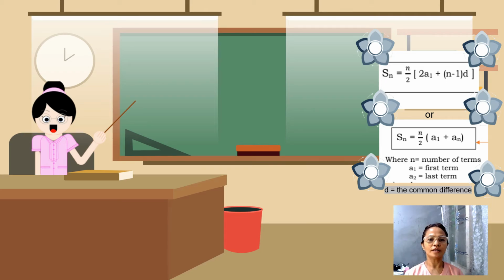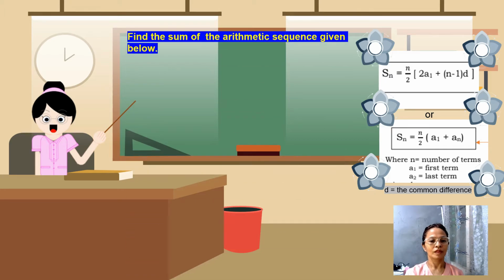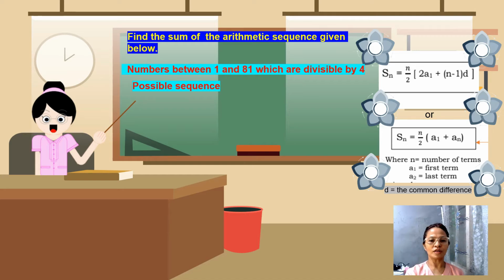Let us try to answer this situation using the formula of getting the sum of an arithmetic sequence. Find the sum of the arithmetic sequence given below: the numbers between 1 and 81 which are divisible by 4. The possible sequence for this situation will be 4, because 4 is divisible by 4 and it is found in between 1 and 81.